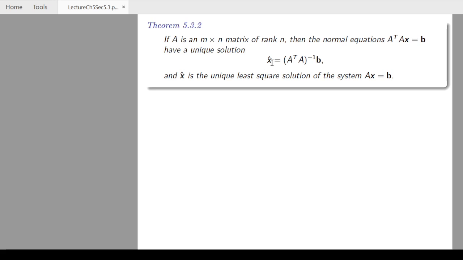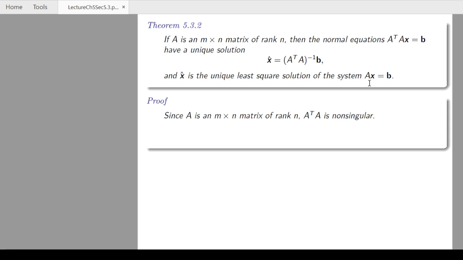The solution we denote by X hat: X hat equals the inverse of A transpose times A, then times A transpose times B. In this case, X hat is the unique least square solution of the system AX equals B.